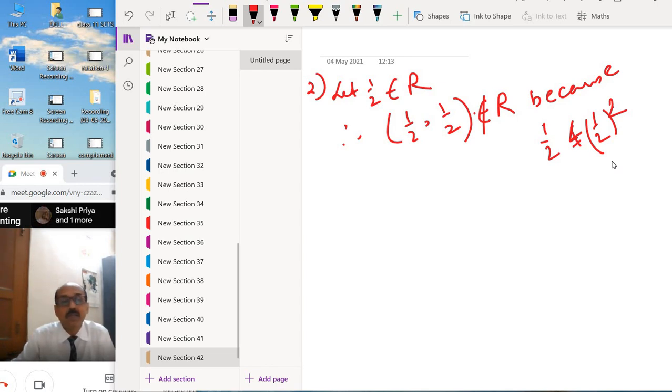Comparing 1 by 2 and 1 by 4, which one is the bigger number? Yes, sir, 1 by 2. So it is not possible that 1 by 2 is less than or equal to 1 by 2 whole square. So (1 by 2, 1 by 2) does not belong to R.